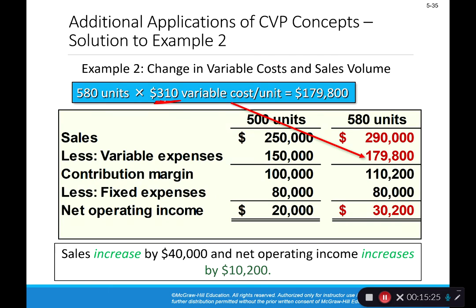You could shortcut that by figuring out your new CM like I did, which was 200 minus the additional 10 in variable cost, or 190 times the 580 that are sold. And there's that 110,200 I came up with. If we take out our fixed costs, that gets us 30,200 for income. And lo and behold, the difference is that 10,200 that I previously calculated.